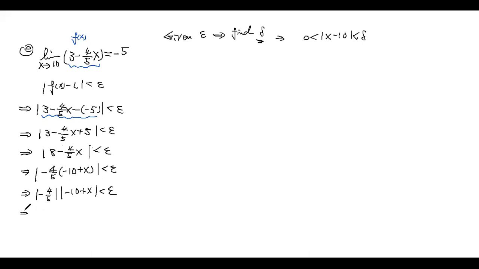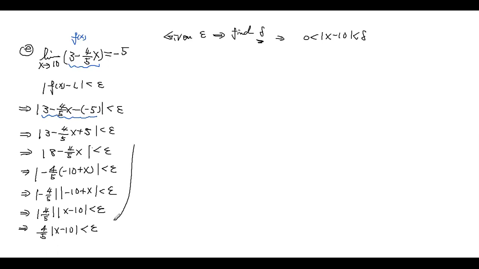Okay, so the absolute value of negative 4/5 still is 4/5, right? So then here, this is negative 10 plus x, so you can rearrange it to be x minus 10. So this is less than epsilon here, right? Now 4/5 is just 4/5, and absolute value of x minus 10 is less than epsilon.